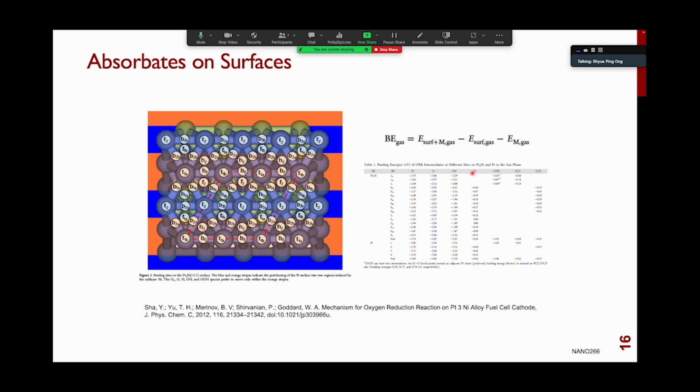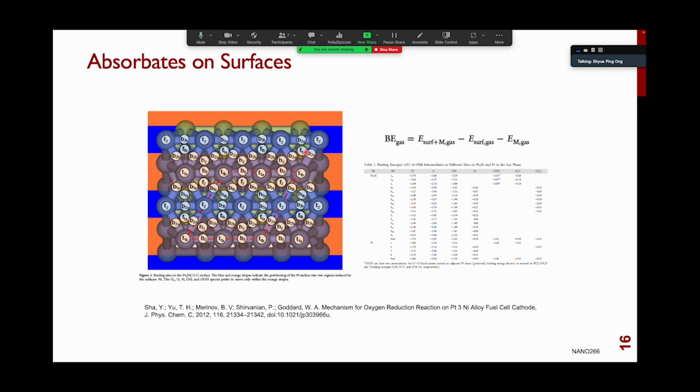So all these are intermediates that you will be interested in if you are studying oxygen reduction on these catalyst surfaces, okay? And here are all the binding energies of all these different species on these different sites, okay?